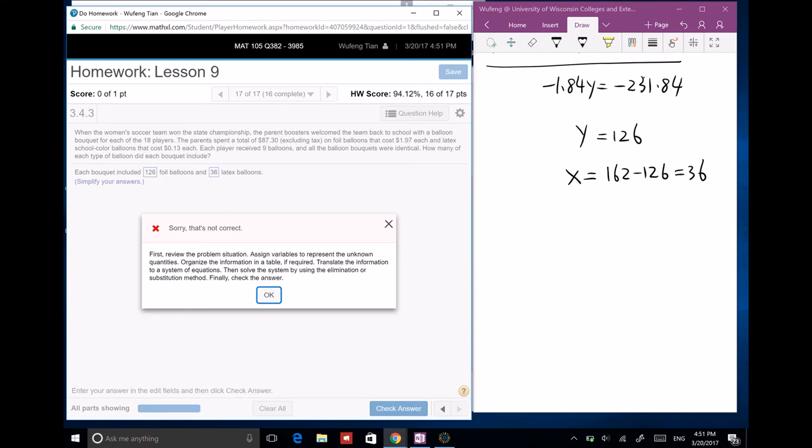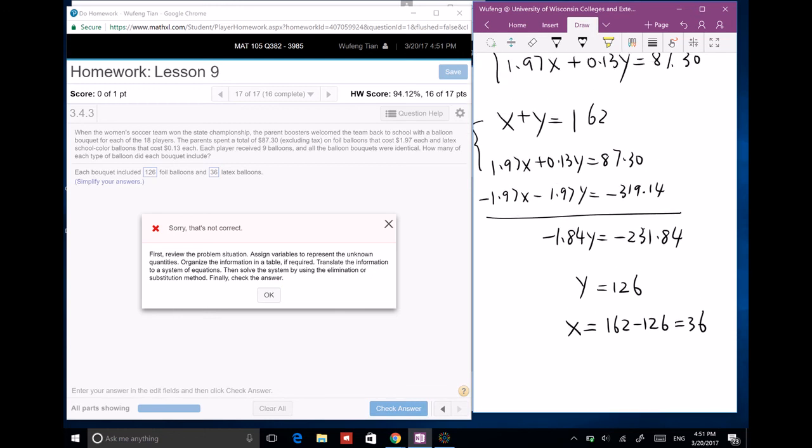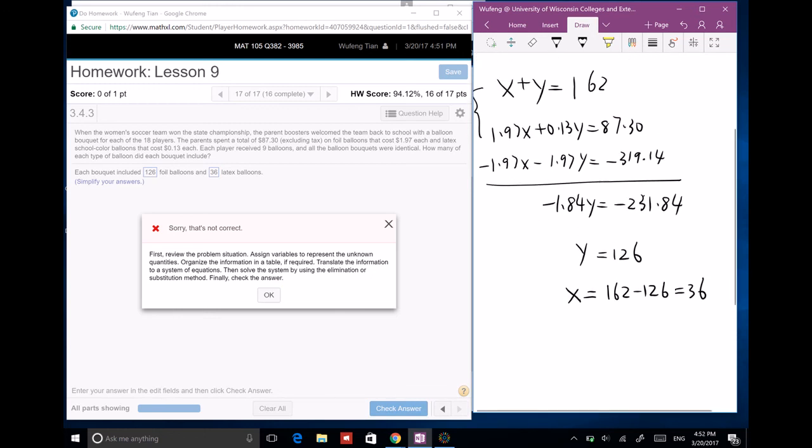Let's solve that. Each player received 9 balloons. Yeah, 7 and 2, that's what I think.